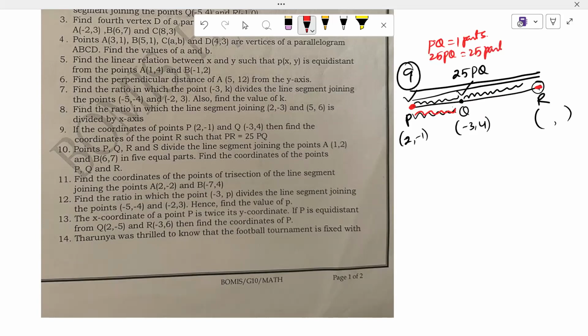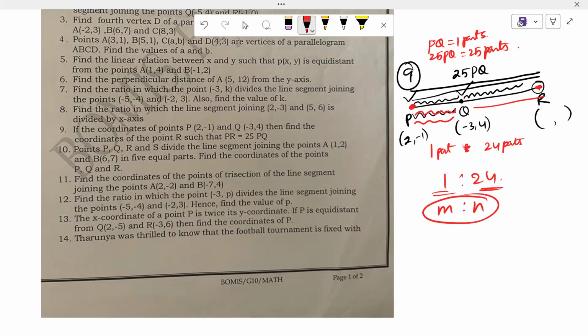So that means PR is divided into 25 parts. PQ is 1 part, then what about QR? The total thing is 25, so you subtract this 1 part from 25, then it will be 24 parts. So you take the ratio of them: 1 is to 24. This could be taken as m is to n.